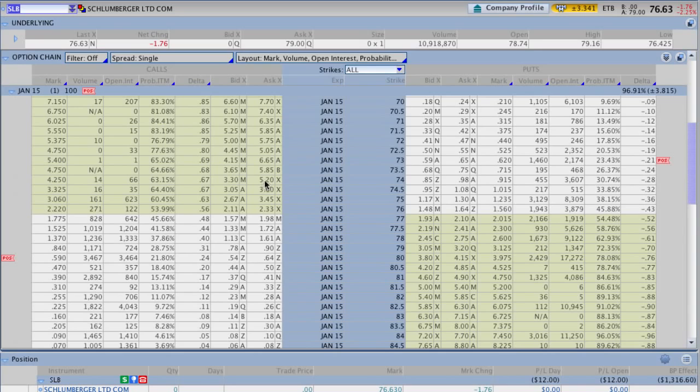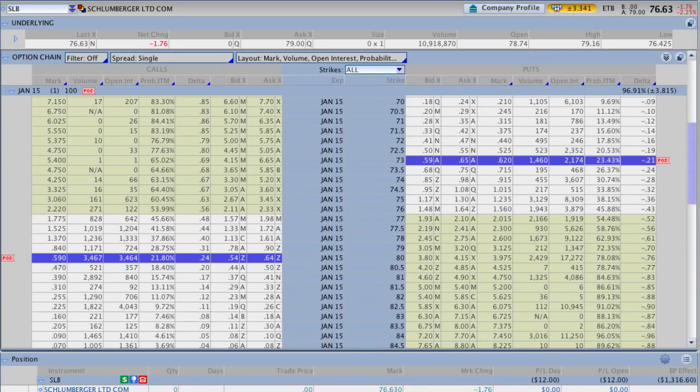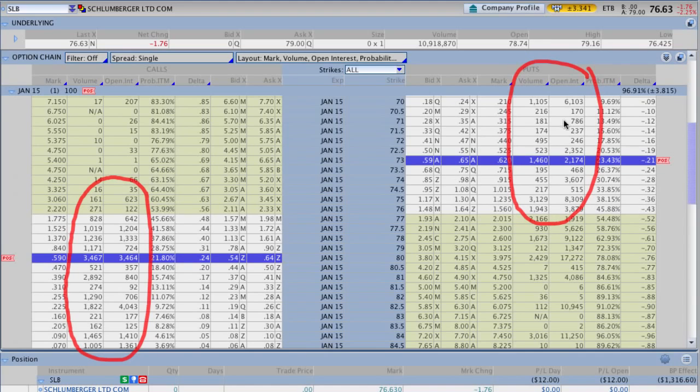Now, what I always say with regard to option liquidity is that first we want to see option depth. What option depth means is that there's a lot of depth in the underlying across a bunch of different strikes. So we want to see a lot of liquidity across a bunch of different strikes. There's no one strike that dominates. And you can see on SLB here, both in volume and open interest on both sides of the market, there's a lot of liquidity and a lot of depth, meaning that there's a lot of activity at every single strike.